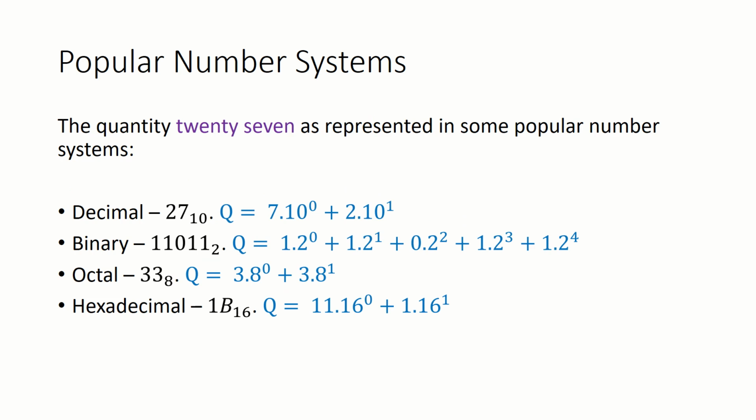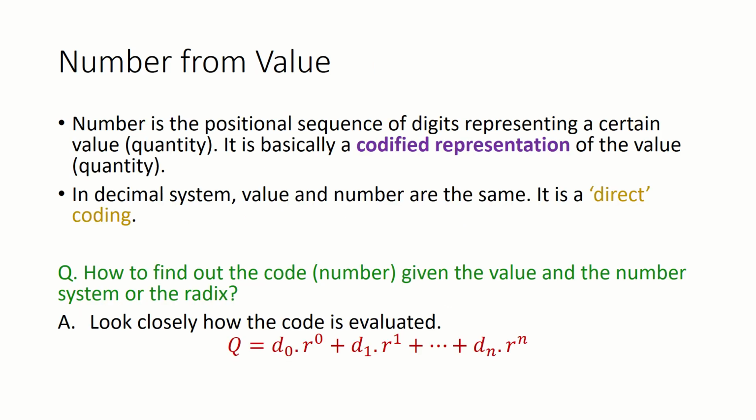So, this is another example for 27, you can look at it later on. We have studied the way in which we can extract the quantity given the number and the radix. It is simply the summation of d_i r to the power of i.